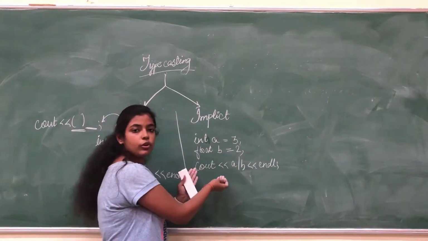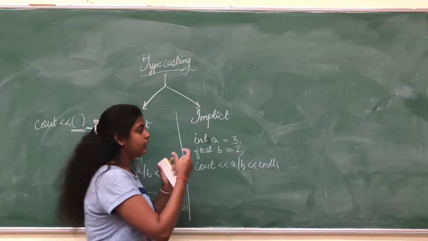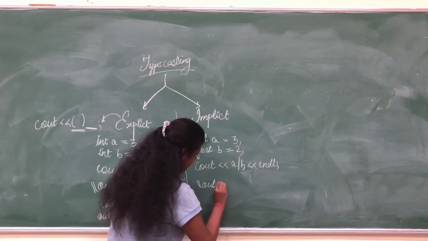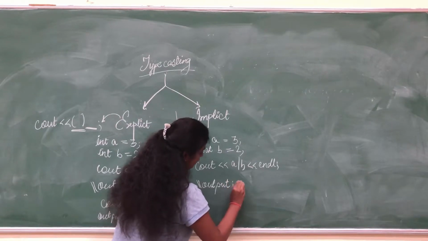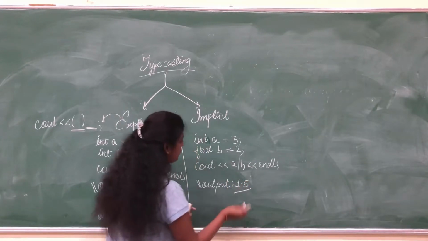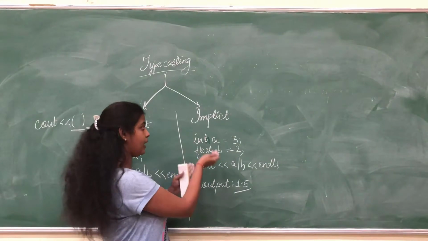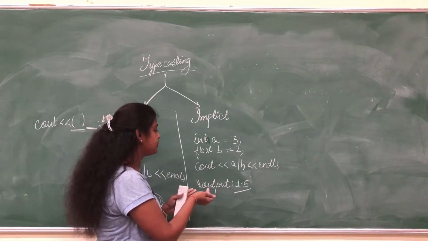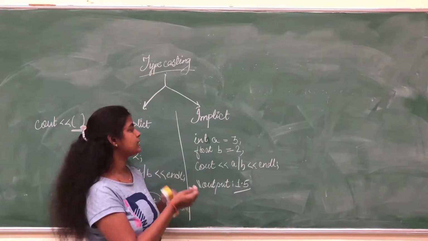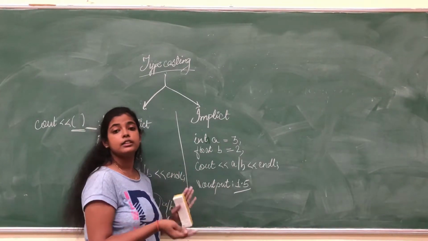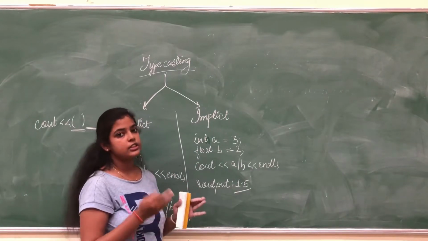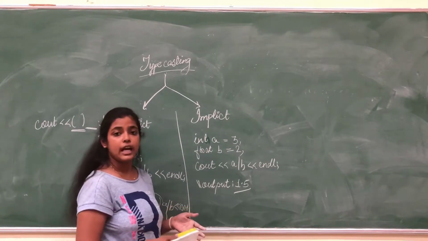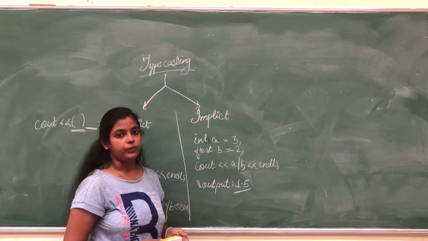So the output will be 1.5. In implicit typecasting, we have a priority list based on a predefined algorithm by the computer, and accordingly the computer decides what the data type of the output should be.